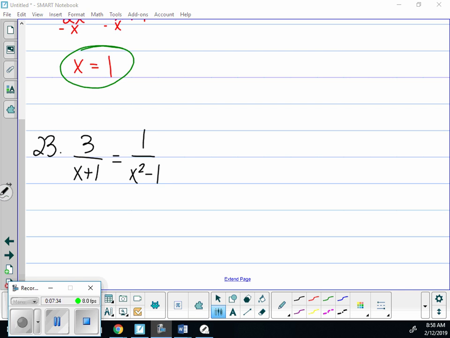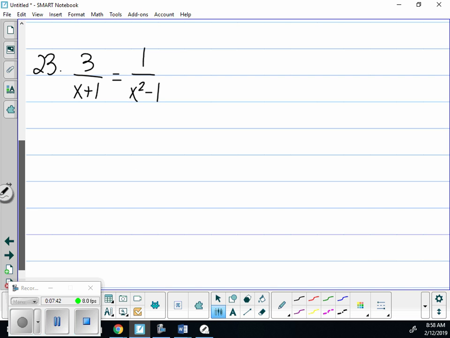So again, in this one, you have two options. You can cross multiply. So you could cross multiply and get 3 times x squared minus 1 equals x plus 1. And solve that.